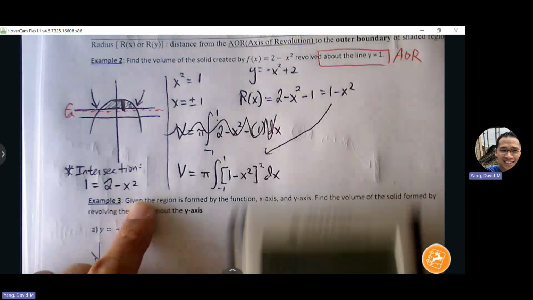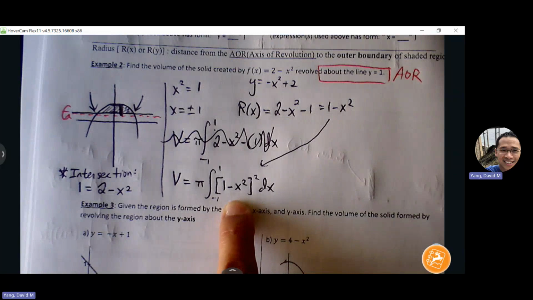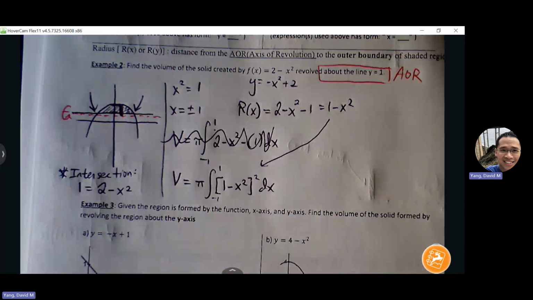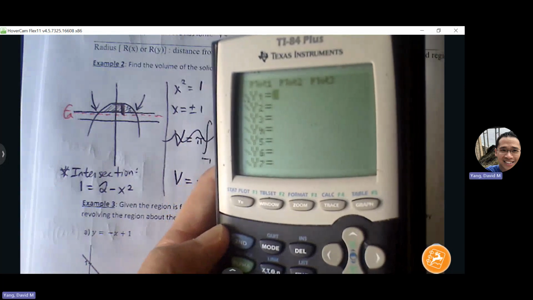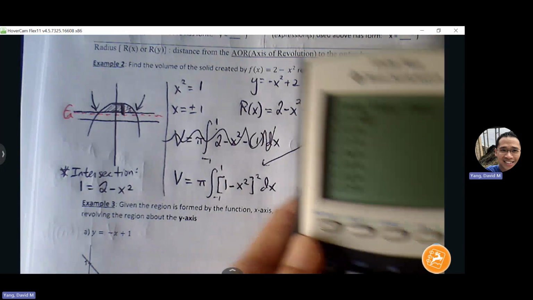Okay, so the way I like to do this, you can obviously put all this in your main integral formula. But when your expressions get messier and messier, it's nice to have your y1 hold your information, especially when we're dealing with the washer method, where there's a gap and we have to have more than one radius involved.